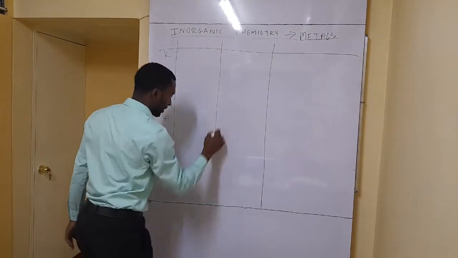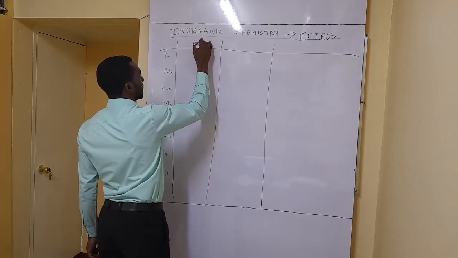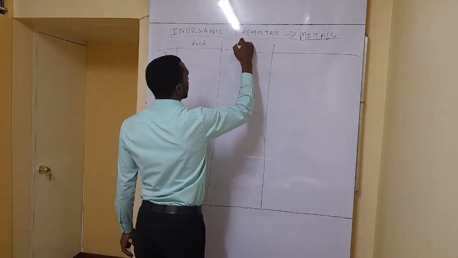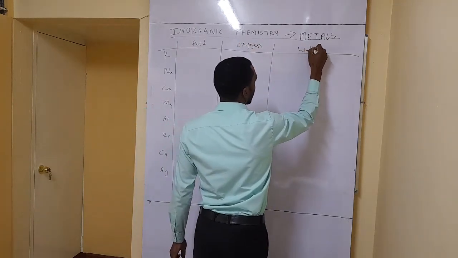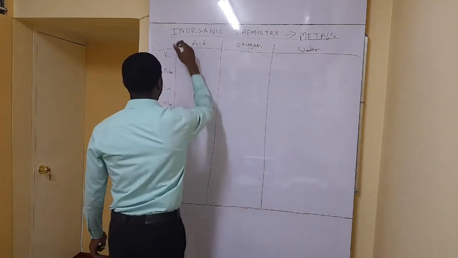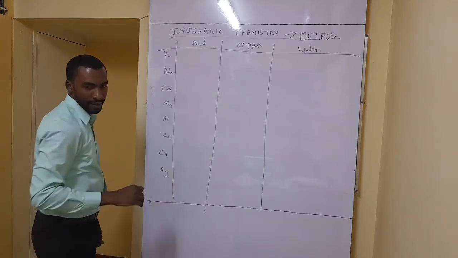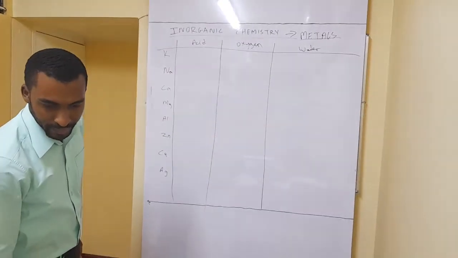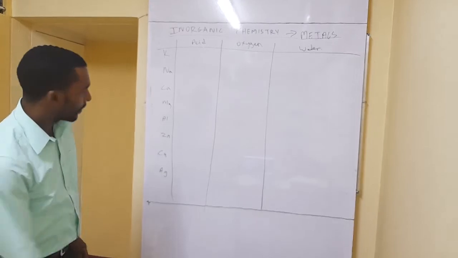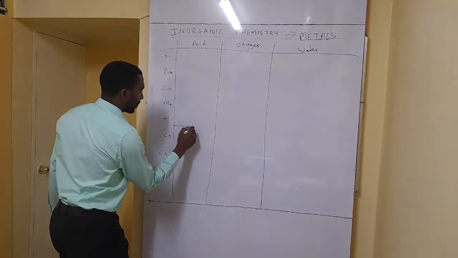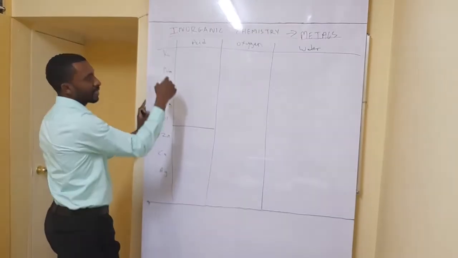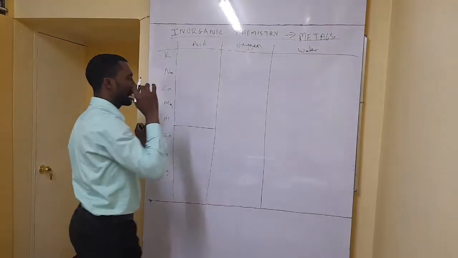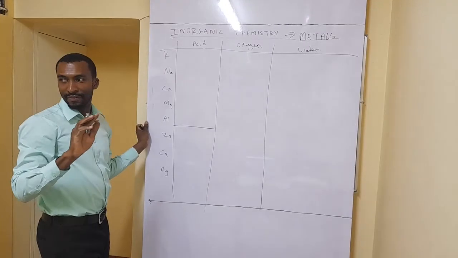So it's going to be acid. From potassium to aluminum with acid, they are basically most reactive.